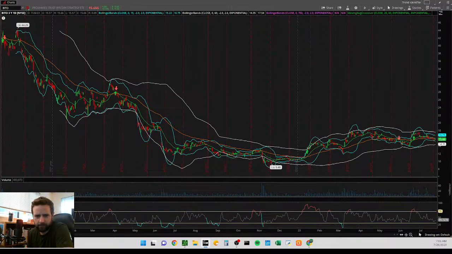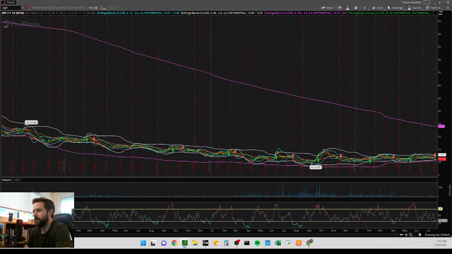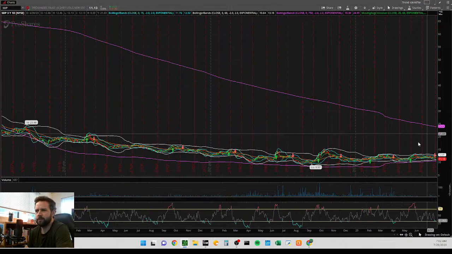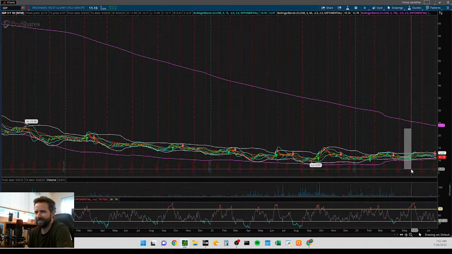SDP, my utility short. I might want to get rid of that. It's pretty illiquid, but it's like oversold, kinda.